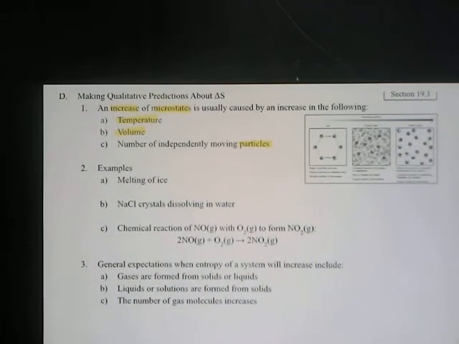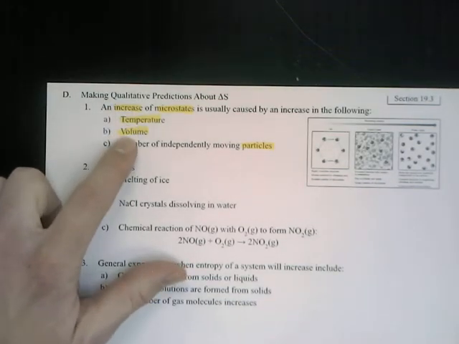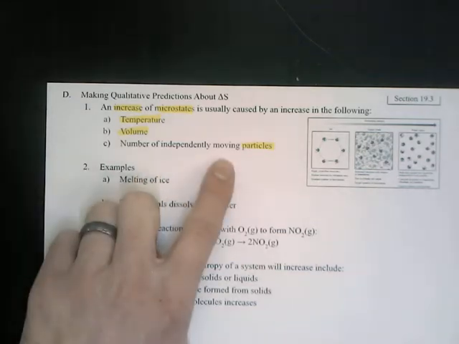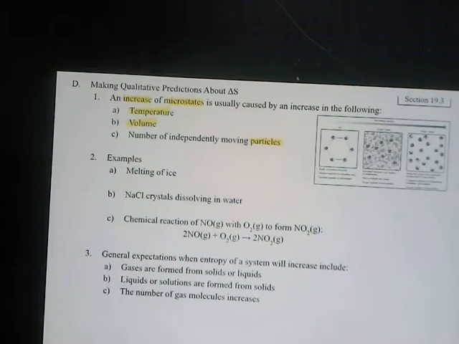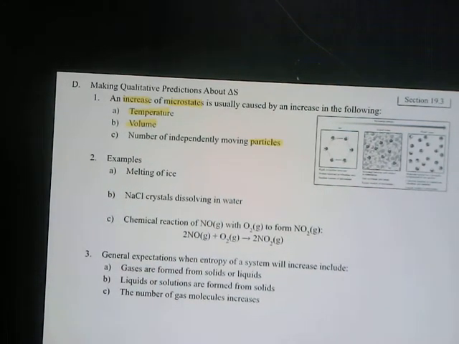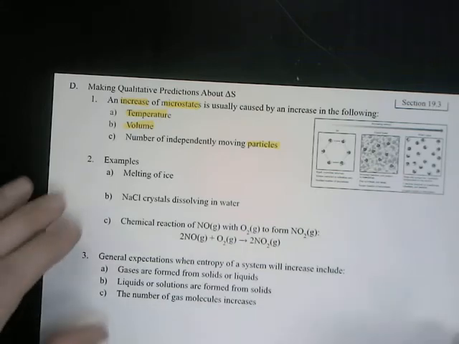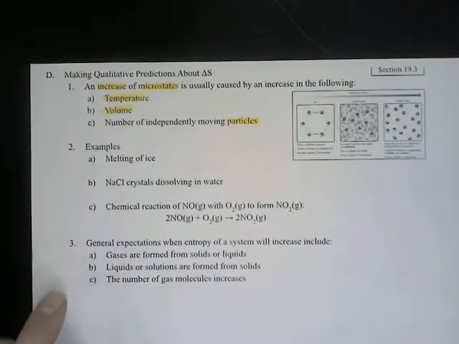Okay, so we have that statement that I just wrote down in pencil, and what I want to add to this is if we have an increase of temp or volume, we're going to have more freedom, or we're going to have more particles, and more free moving particles means more entropy. So let me pause and write that down. I'll add it to here, and we will go through some examples to go through this process.